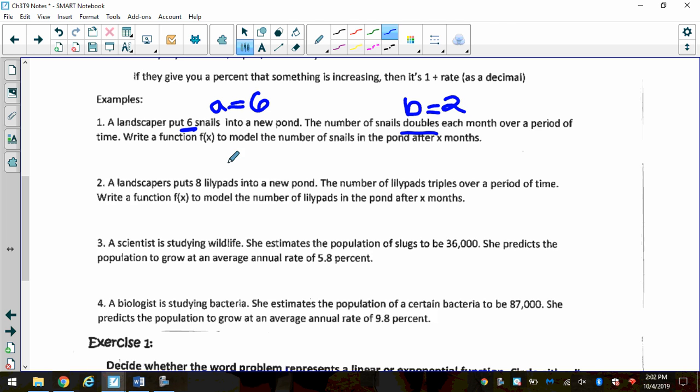So you write your equation 6 times 2 to the x. So number 2, we start off with 8. So again, make your A 8. And this time it's telling us that it's tripling over the period of time. So we want to write our equation. So it'll be y equals 8 times 3 to the x.